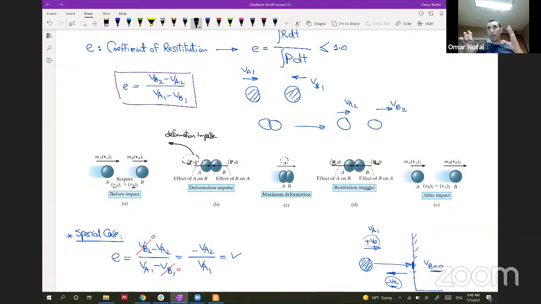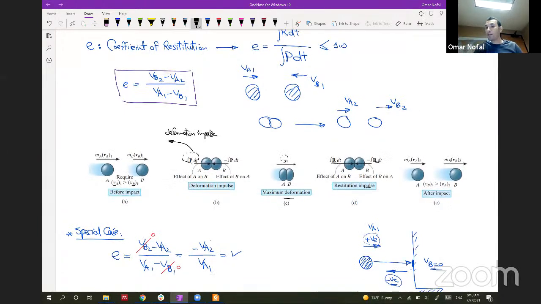The time just before the collision is called the deformation impulse, and then they move as one body for just a very little moment, less than a second, and then they go away from each other, and we call this phase the restitution impulse.